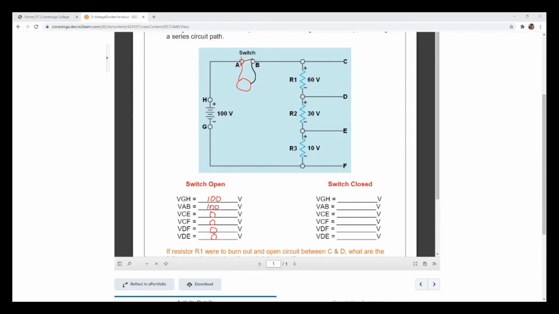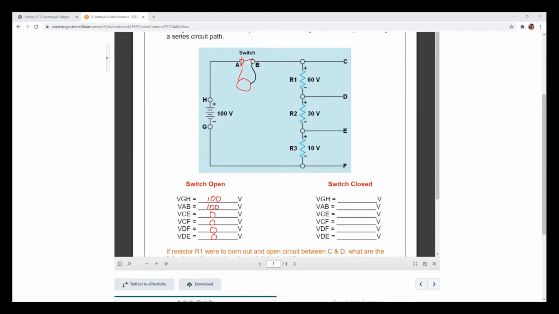And through the circuit, the negative terminal is connected to point B. As long as these resistors are good and not open, we are going to measure 100 volts right here between these two points.